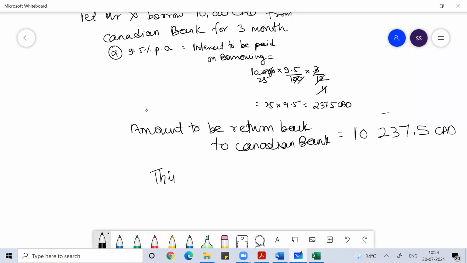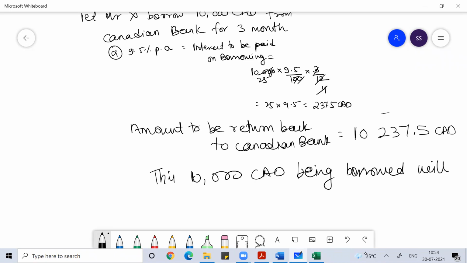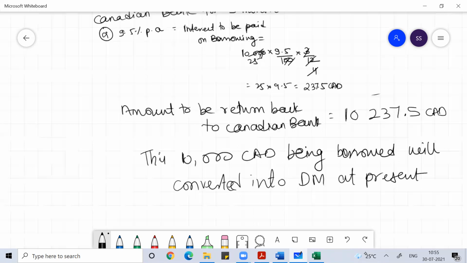So this 10,000 Canadian dollar that I borrowed will be converted into Deutschmark at the present exchange rate.